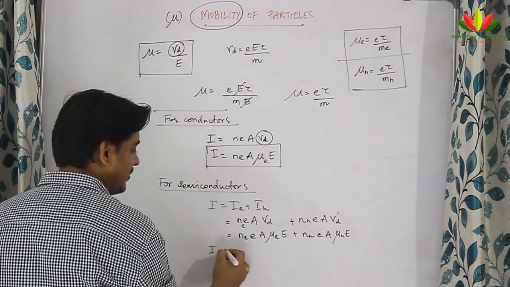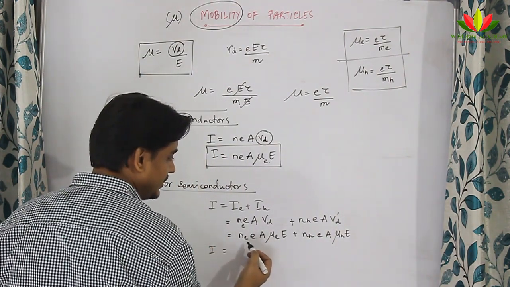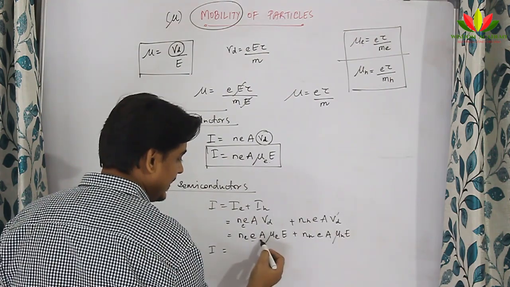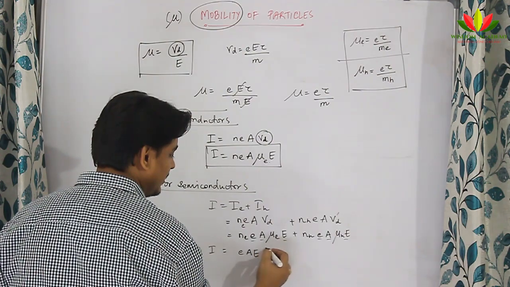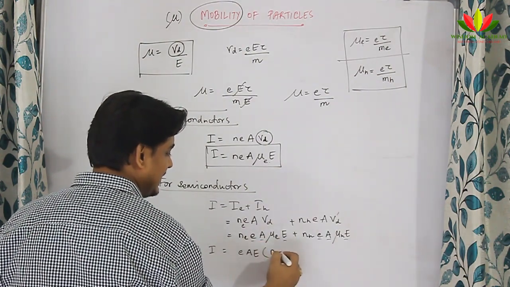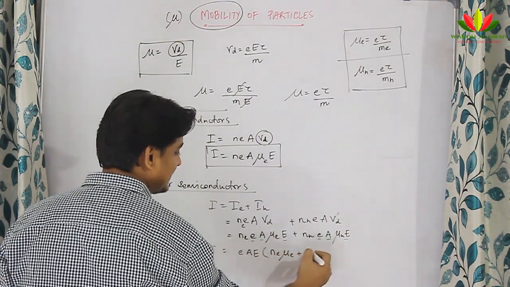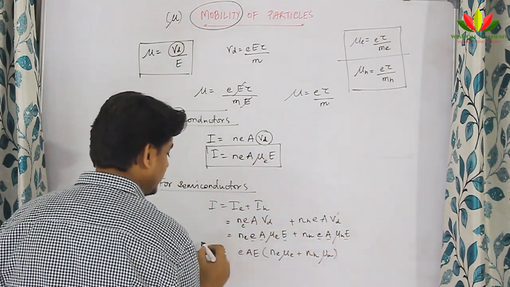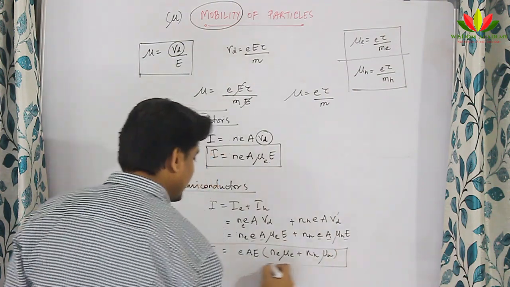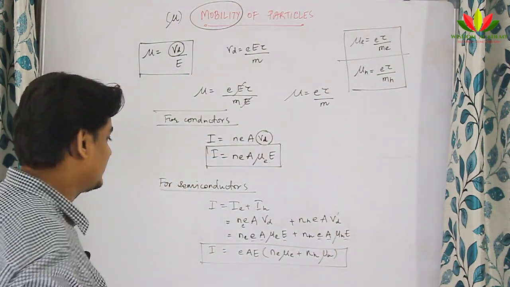Then what will I become? What can be taken common? If you see E, A and E, they are common here. So if I take E, A, E common, what remains inside is Ne mu E plus Nh mu H. This is the relationship between current and mobility for semiconductors.